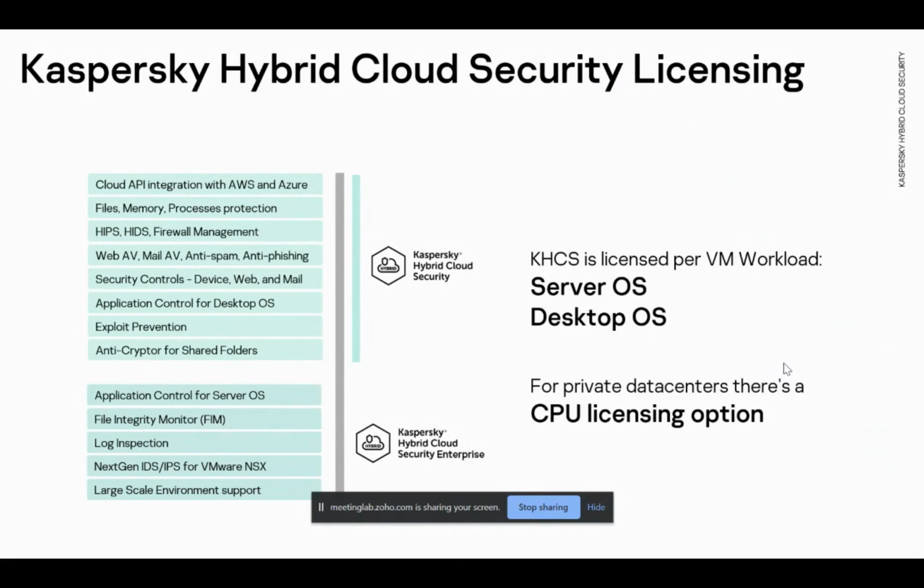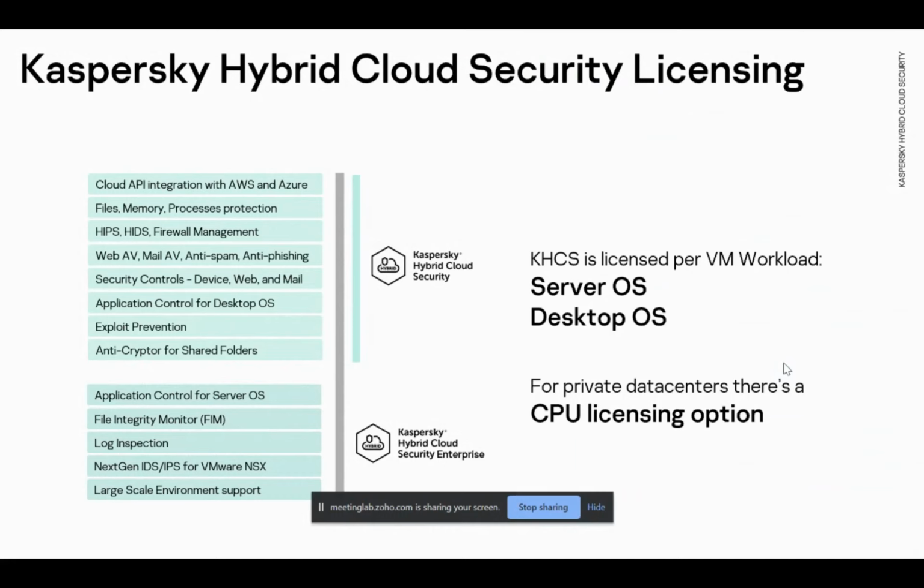next generation IDS IPS, and large scale environment support. Now KHCS is licensed per workload, or per VM, or for private cloud, it can also be per CPU. So either it can be per workload or per CPU. Per workload is usually the standard one for on-prem or for cloud, but for cloud you always go with per workload because you don't have control over the CPU, with auto scaling and all those.